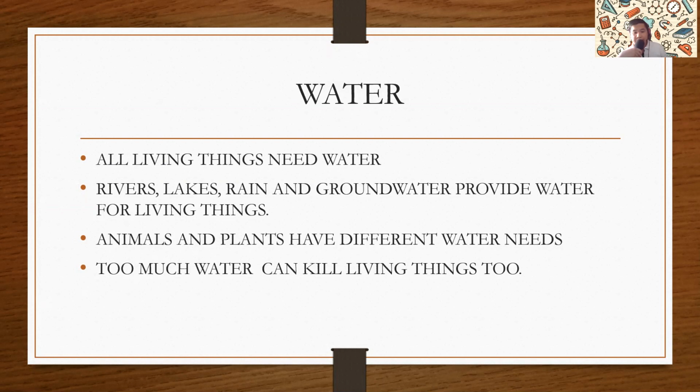Too much water can kill living things too. Like, for example, what we call a natural disaster, a flood. A flood is very destructive to all living things, whether it be plants or animals. And that is how water interacts with the living things around it.